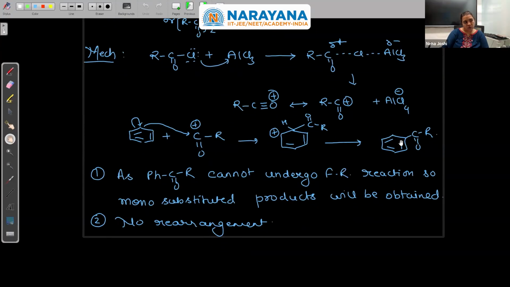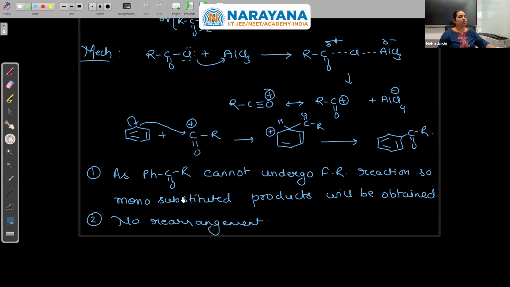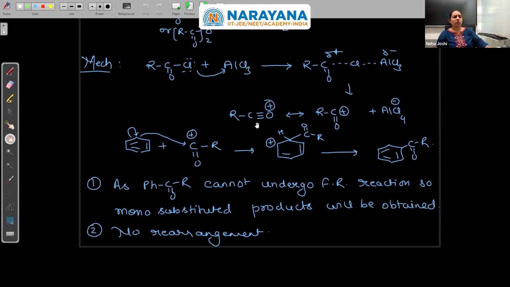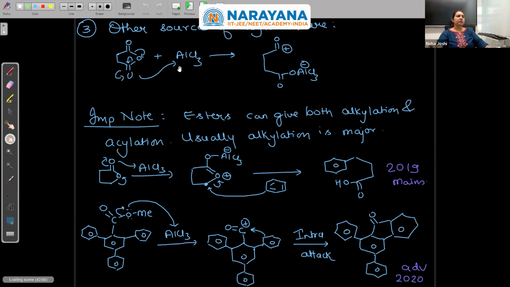See, carbonyl. So further attack of the electrophile will not be there, which was a problem in alkylation. As PhCOR cannot undergo Friedel-Crafts reaction, mono-substituted products will be obtained. And no rearrangement, as this is an extremely stable carbocation. Other sources of acylation: you can take anhydrides.